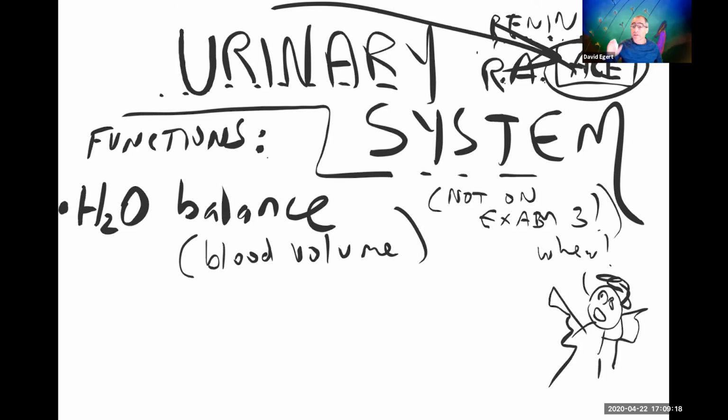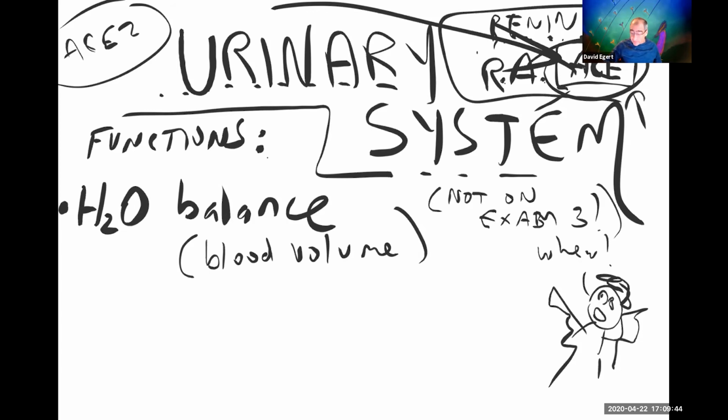It's the portal that the virus can anchor onto to enter the cells. But that's not part of the urinary system. But you should definitely know the renin-angiotensin mechanism. This is super important.